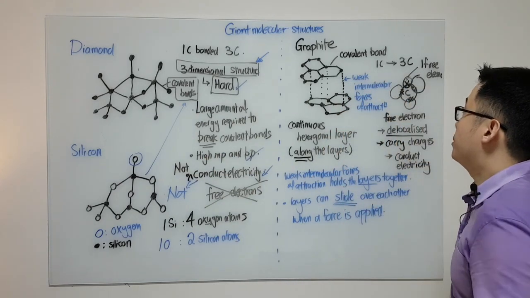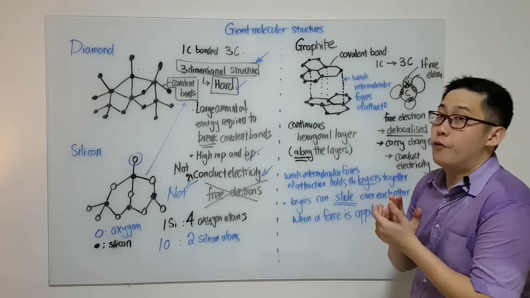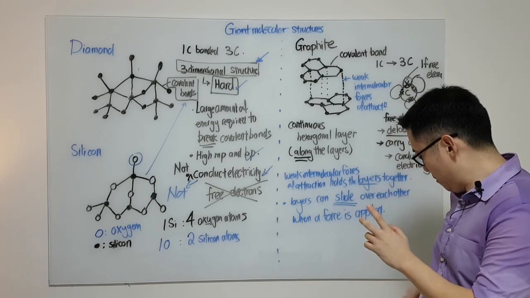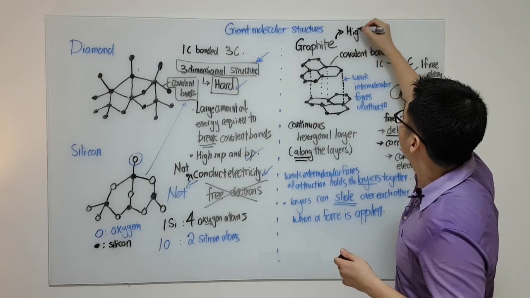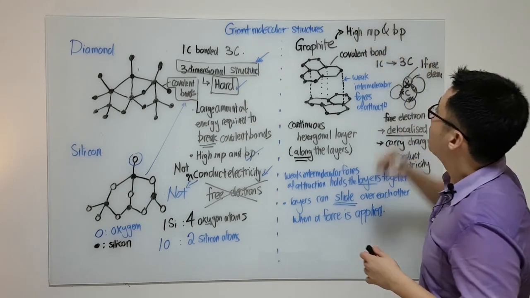Now, students, one more thing. In this case here, for graphite, something that I forgot to mention just now is that your graphite too has a high melting point and boiling point.